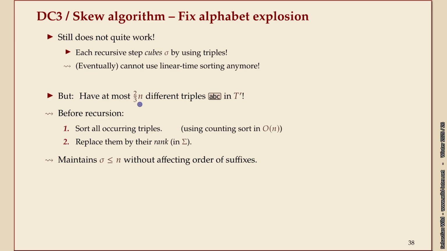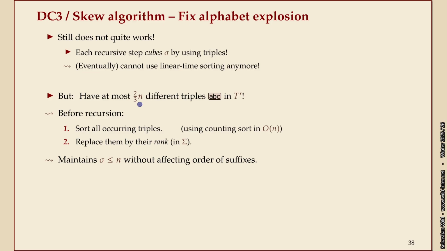So we can just give them new names. As long as these names preserve the lexicographic order, that's fine. Again, all we return is the ranks of the suffixes, nothing with the strings specifically, so we can rename the alphabet and nobody notices the difference.